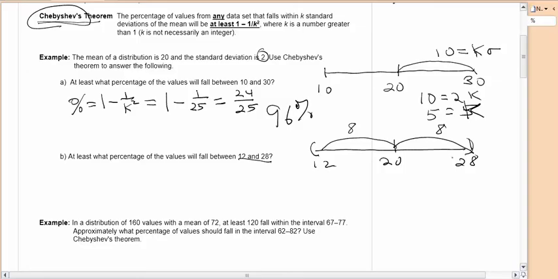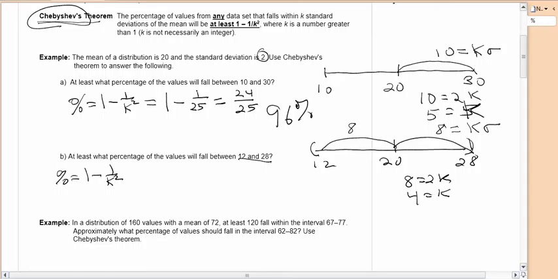Now, once again, the relationship from Chebyshev's is the percent is 1 minus 1 over k squared. The k is related to the distance from an endpoint to the mean by this formula here, k times sigma. We know sigma. Sigma is 2. So 8 is equal to 2k. So in this case, 4 is equal to k.